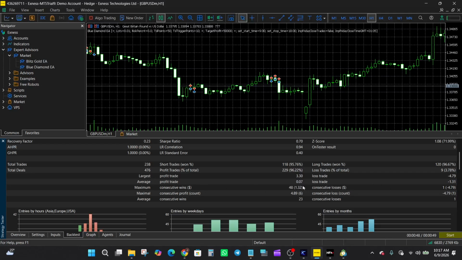The average risk to reward ratio is poor because you can see the difference between the average profit and the average loss. Now, I would still recommend running longer term testing yourself as well, so that you can get a more comprehensive understanding of how the EA behaves across different market conditions.